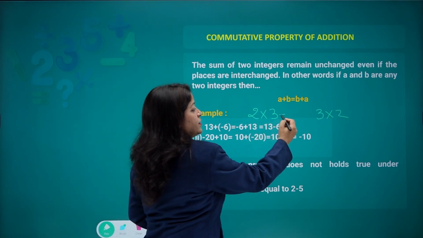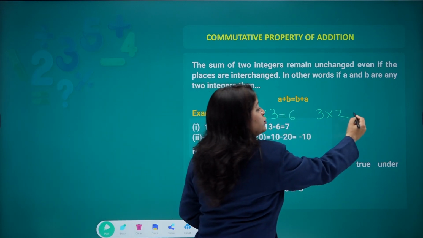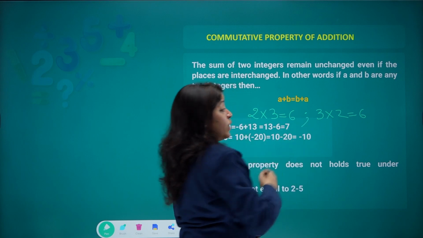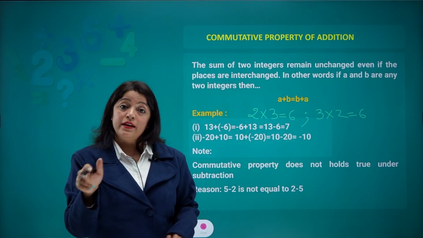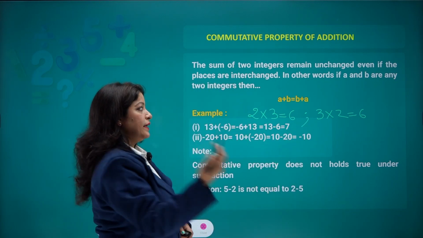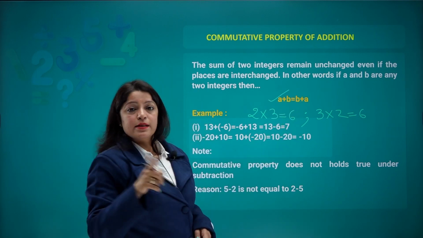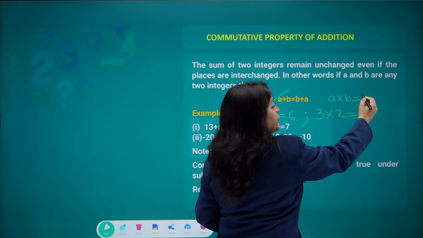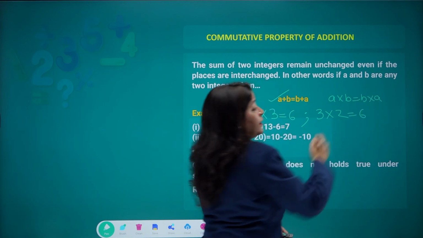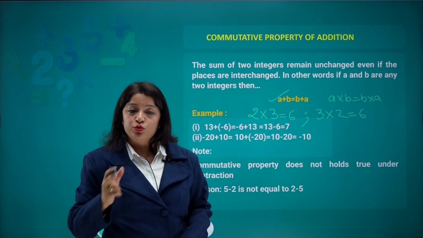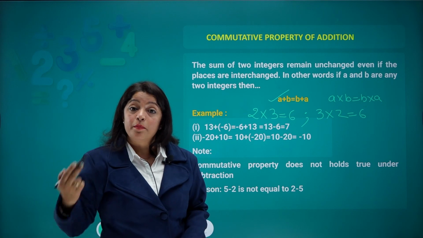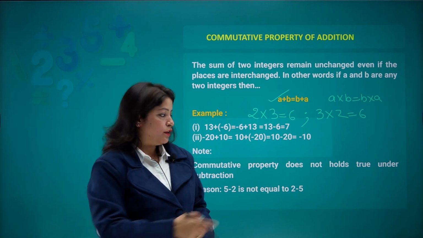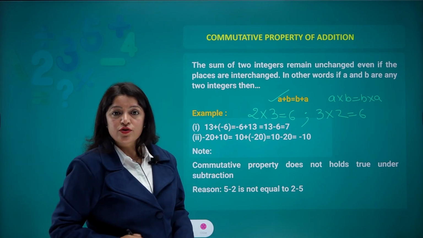Yes, I'll get the result 6 here, and here also I'm getting 6. So I can multiply them in any order, just as I can add them in any order. So we can say that the commutative property holds true for addition and for multiplication, but not for subtraction.